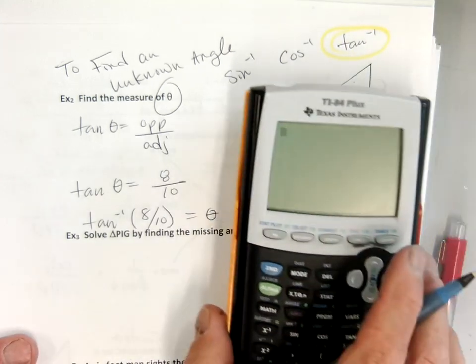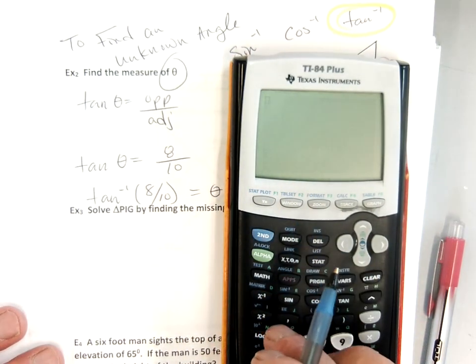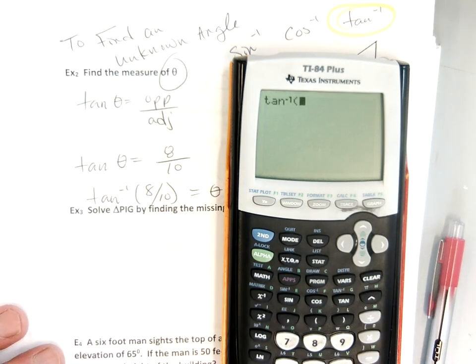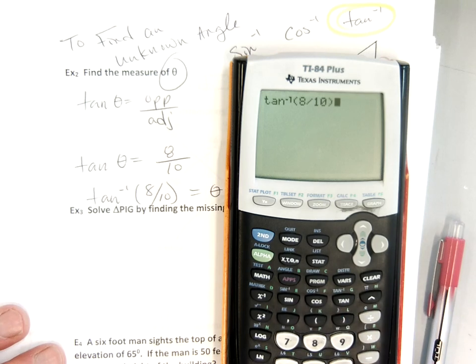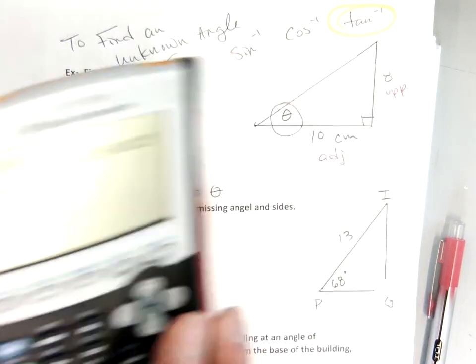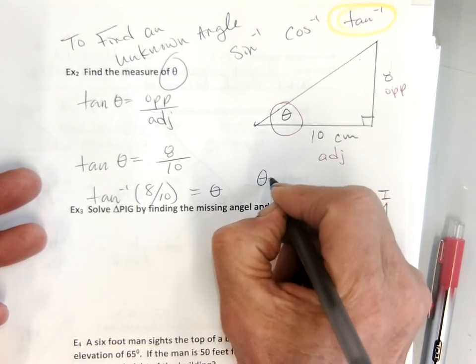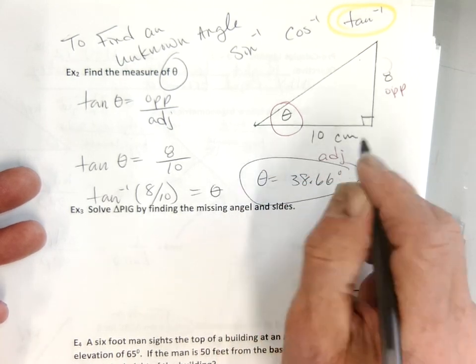So I just use my calculator. It's in blue. Second, tan, 8 divided by 10, close parentheses. And I should get 38.66. Okay, everybody try it. 38.66. Make sure everybody gets the answer. Okay, thumbs up, everybody.